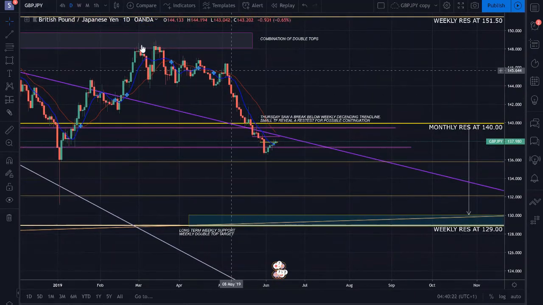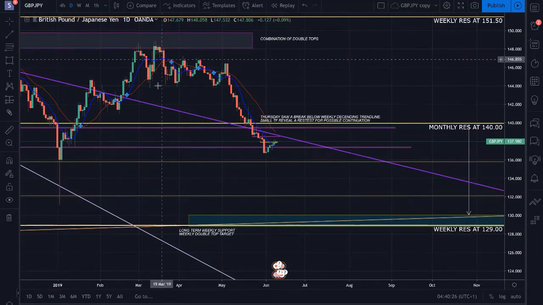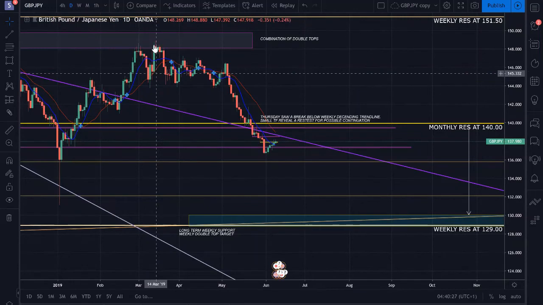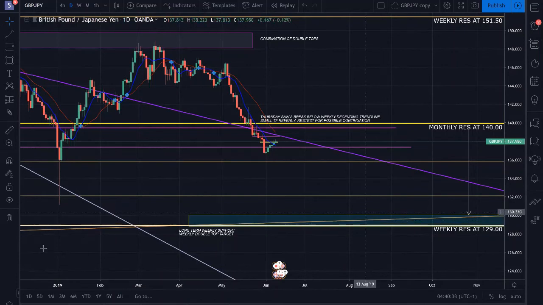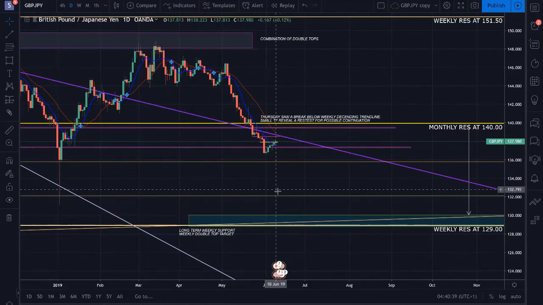You can see that we've got a double top here, and I've just measured the mouth of this lower high here, and that kind of coincides with this ascending trend line we have here. So we have broken back below into this zone, and I expect the sellers to continue to push this down.